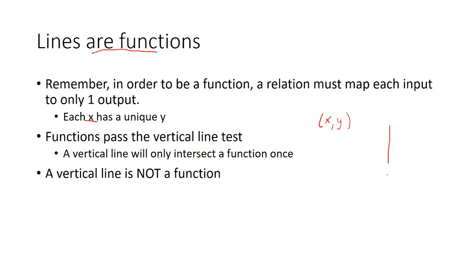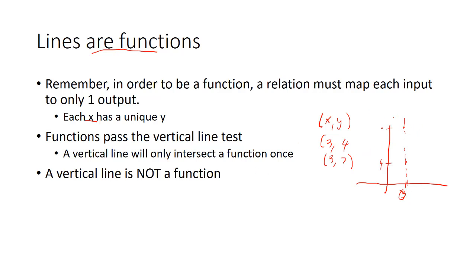If I had an x value of 3, and it could map to 4 or 7, then I would have a point here at (3, 4), and I would have a point here at (3, 7). And I could draw a line through there, and that line would hit both of those points. But that's not a function because this input mapped to two outputs, and that's not allowed.